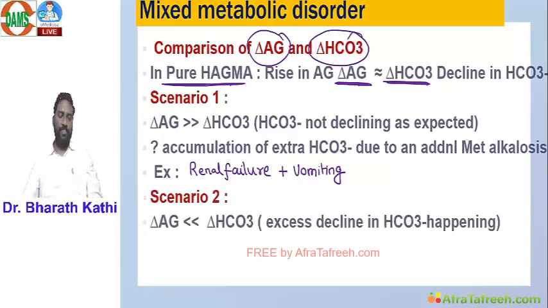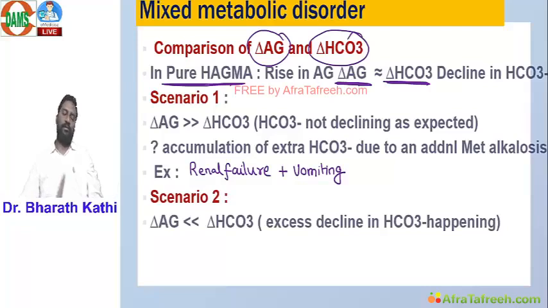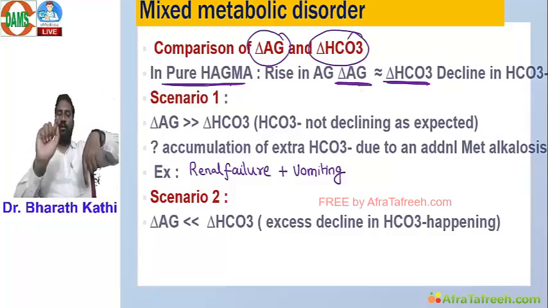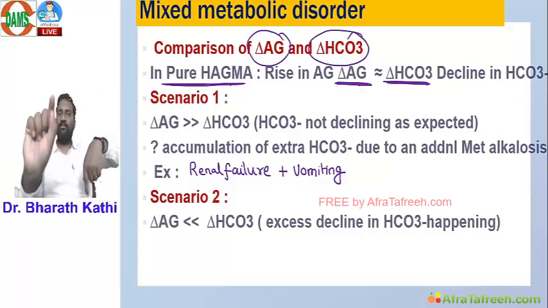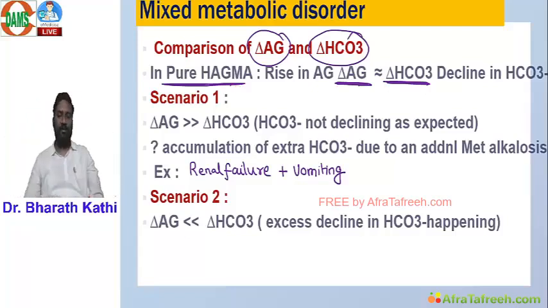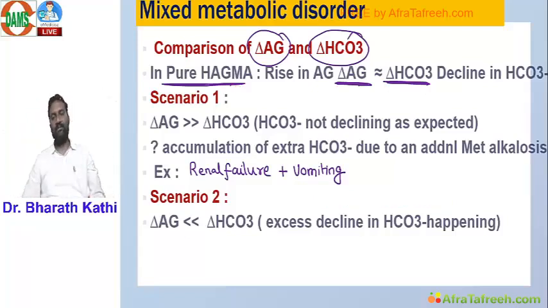Scenario 2: delta anion gap less than delta bicarbonate. It means that if the anion gap increases by this much, bicarbonate should decrease by this much. Now the anion gap only increased by this much, but bicarbonate has significantly decreased. It means there is an excess decline in bicarbonate.